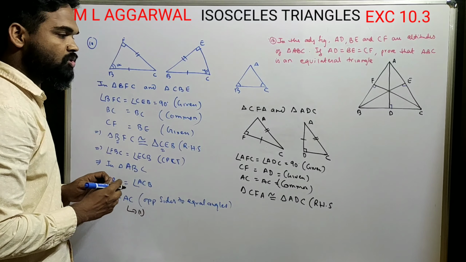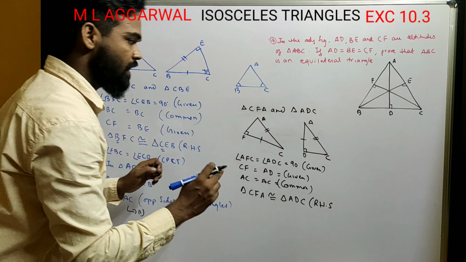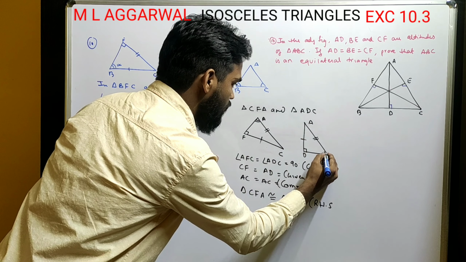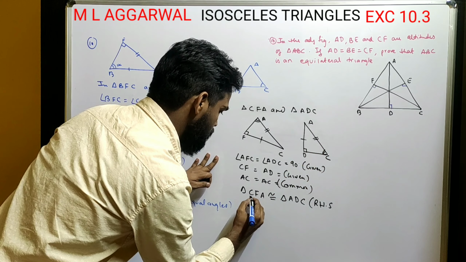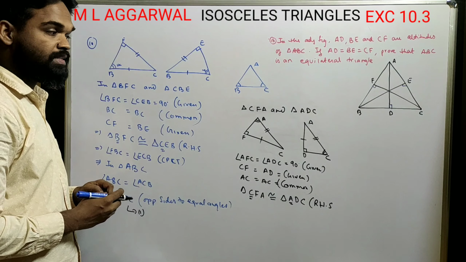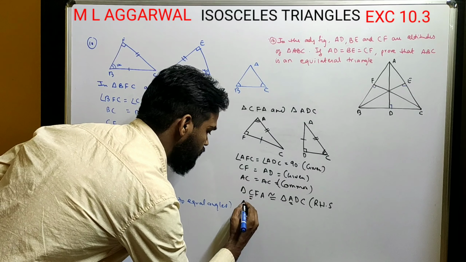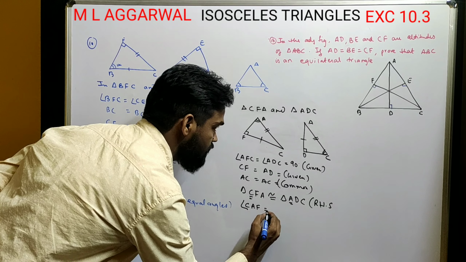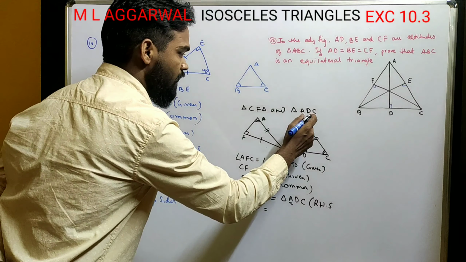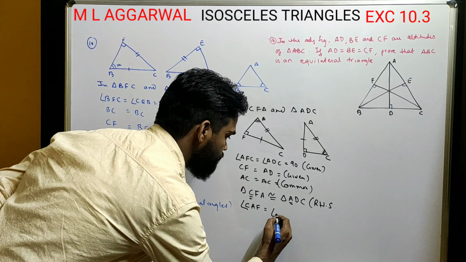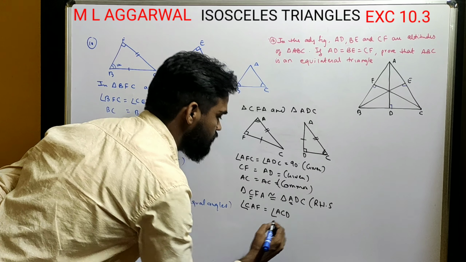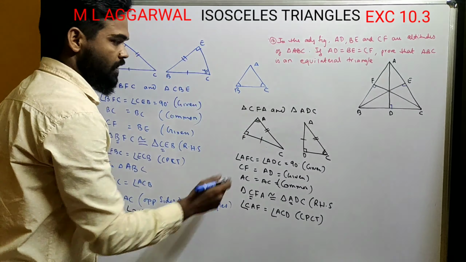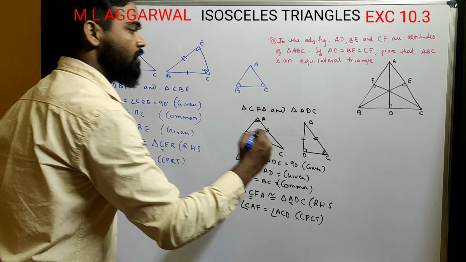And if these two triangles are congruent, can I tell this angle and this angle are equal? CPCT, look carefully. Angle CAF is equal to ACD. Why? CPCT.